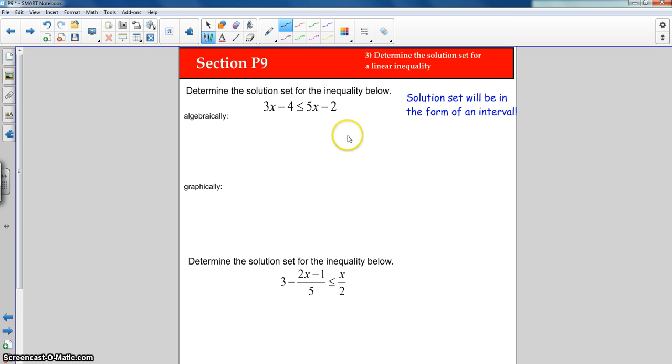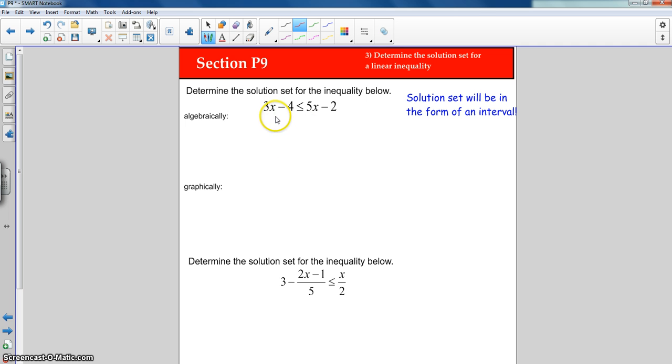Same idea here. So for right now, it is possible for you to think of having an equal sign in between here. But again, you really should keep this inequality sign in there.